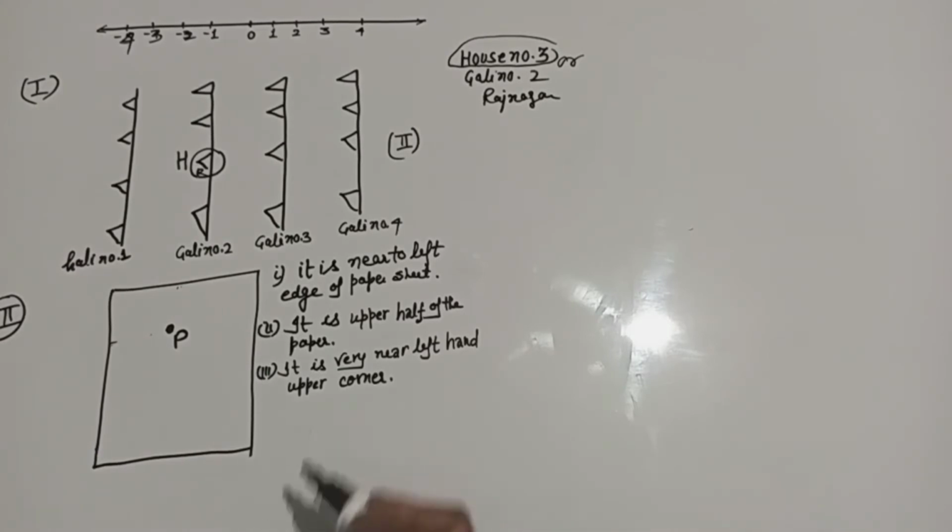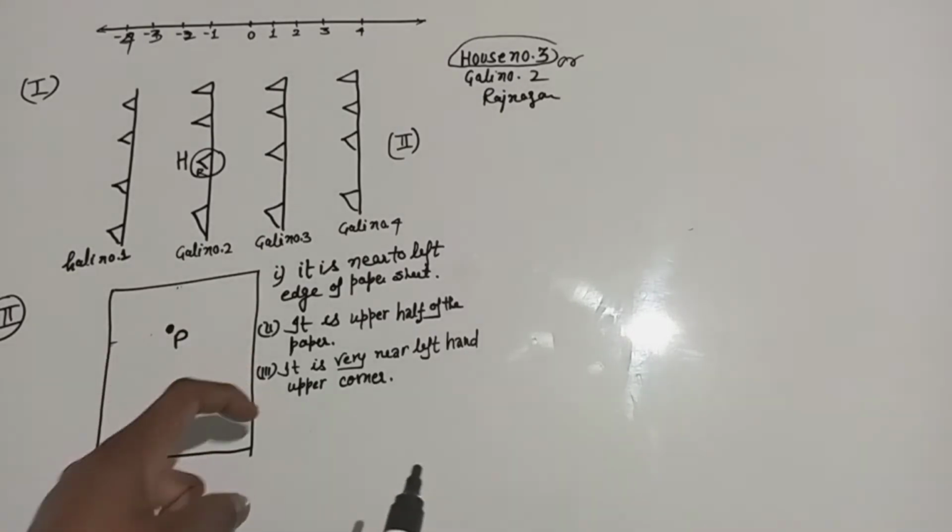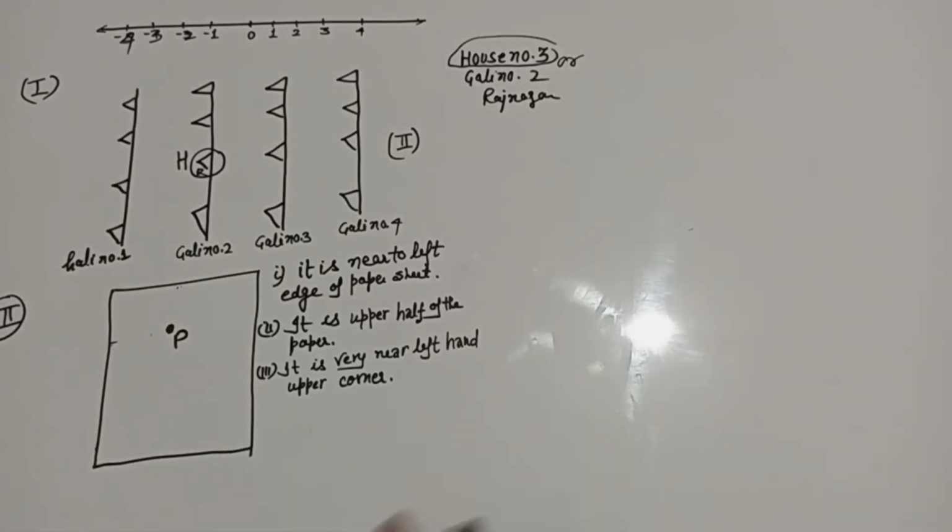Okay, now precisely, these three give improper information. Only one piece of information is precise: it is from the left edge, from the upper side. Upper half of the paper, and now it is near the left corner. Okay, these are improper information.